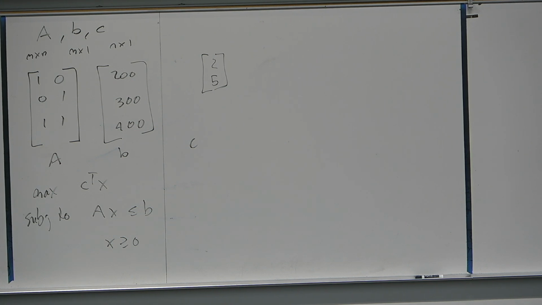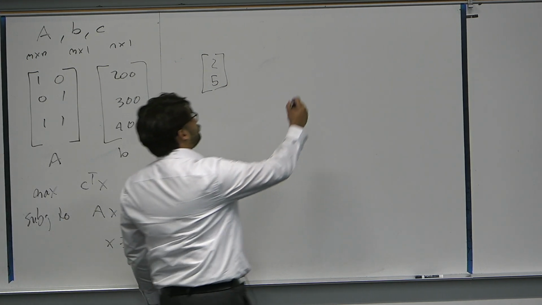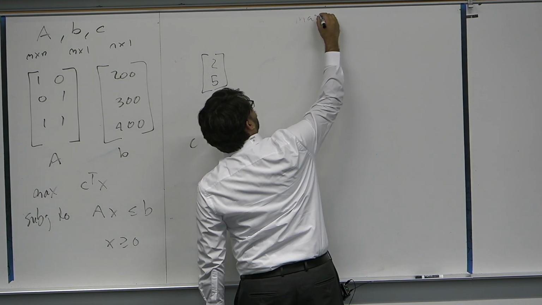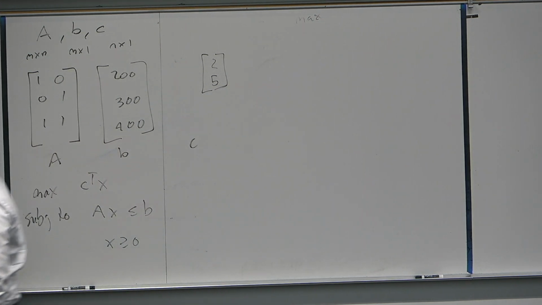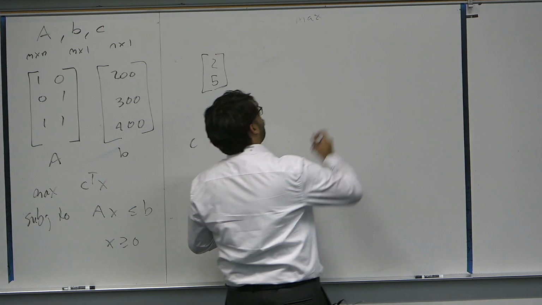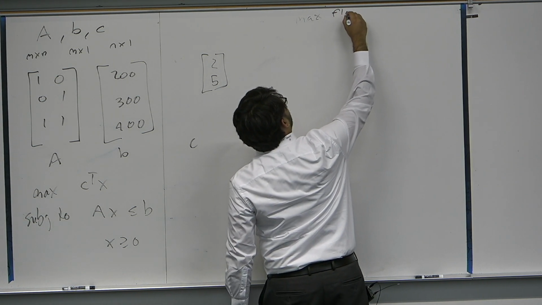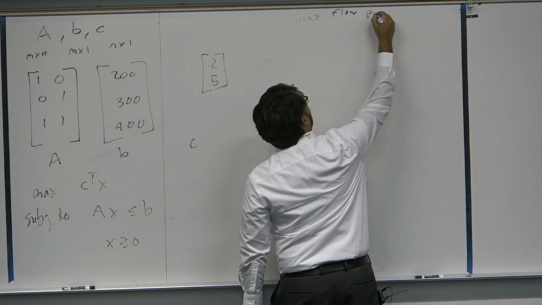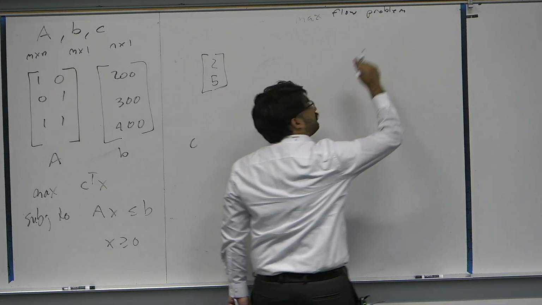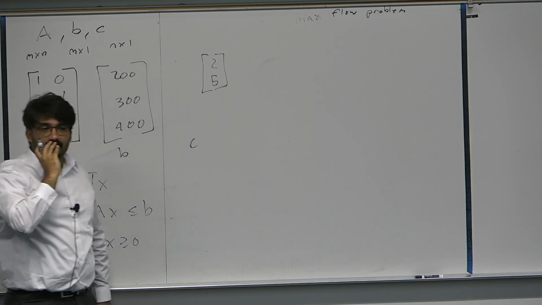So, a lot of problems can be expressed as linear programs. I'll give you 3. The first one is going to be flow. Max flow problems. Every max flow problem, given a flow network, you wish to express it.